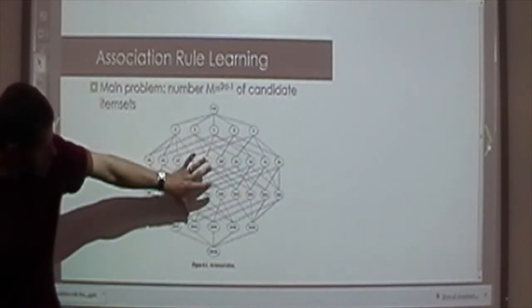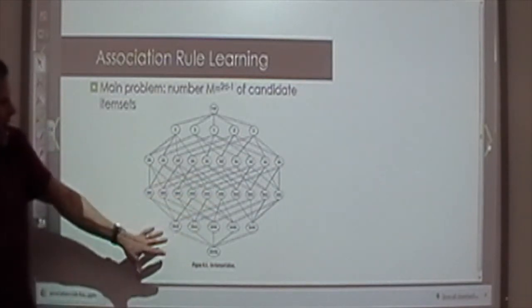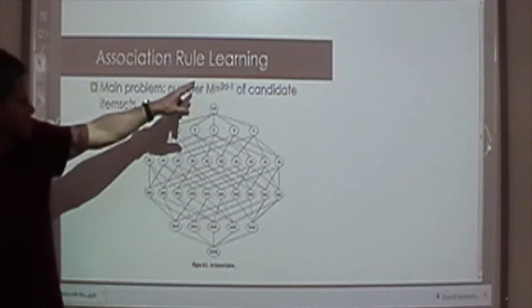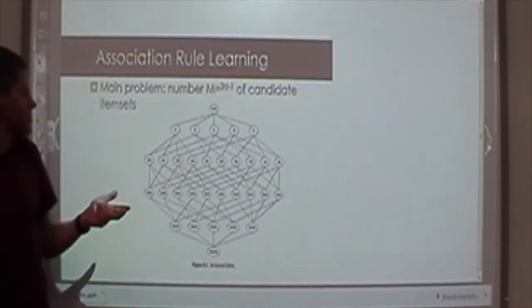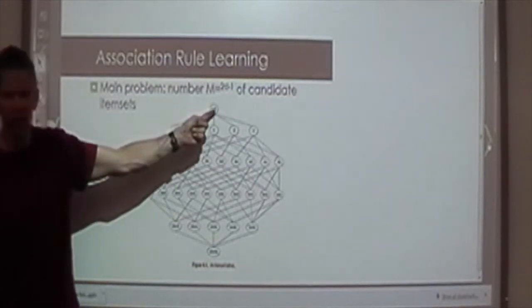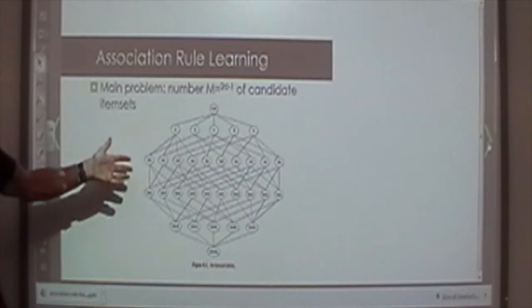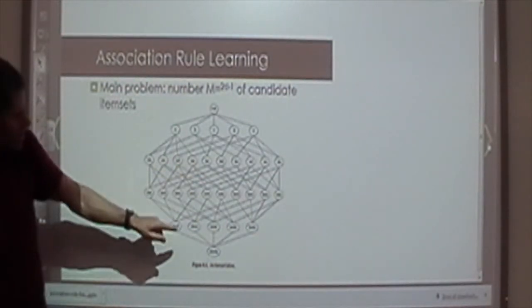And here you can look, this is called an item set lattice. So if you have a possibility of having 5 items, these are all of our possible item sets. Here we are including the null set, the empty set. And so this is all 32 possible subsets.